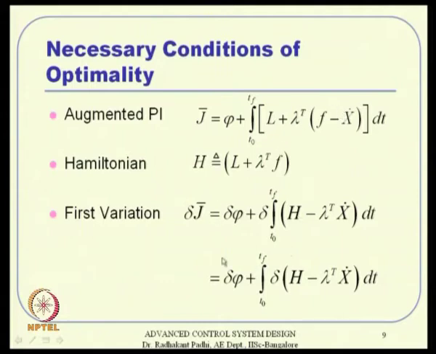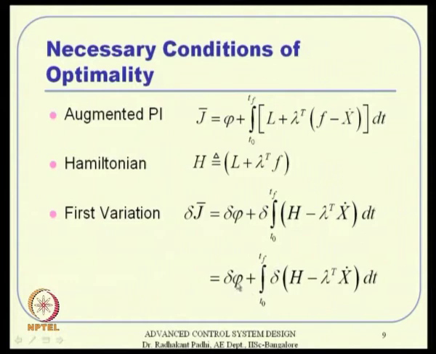And hence, the first variation of that will turn out like this. Remember these variations are linear operators and satisfy that definition. So, the variation of j bar is the variation of phi plus the variation of this integral. There is a theorem in the calculus of variations that the variation of an integral is the integral of the variation. Using that we can take the variation inside the integral, and again take advantage of the linear operator property of the variation.